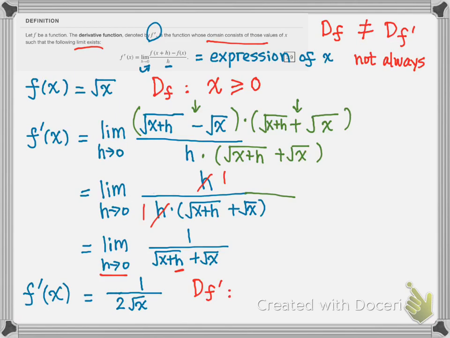Well, we have a fraction and we have a square root. So whatever's under the square root has to be greater than or equal to 0. But it's in the denominator. So what it's telling us is x cannot be 0. Okay, otherwise you get a 0 denominator. So the domain of the derivative is x greater than 0, which is not the same as the domain of the original function.